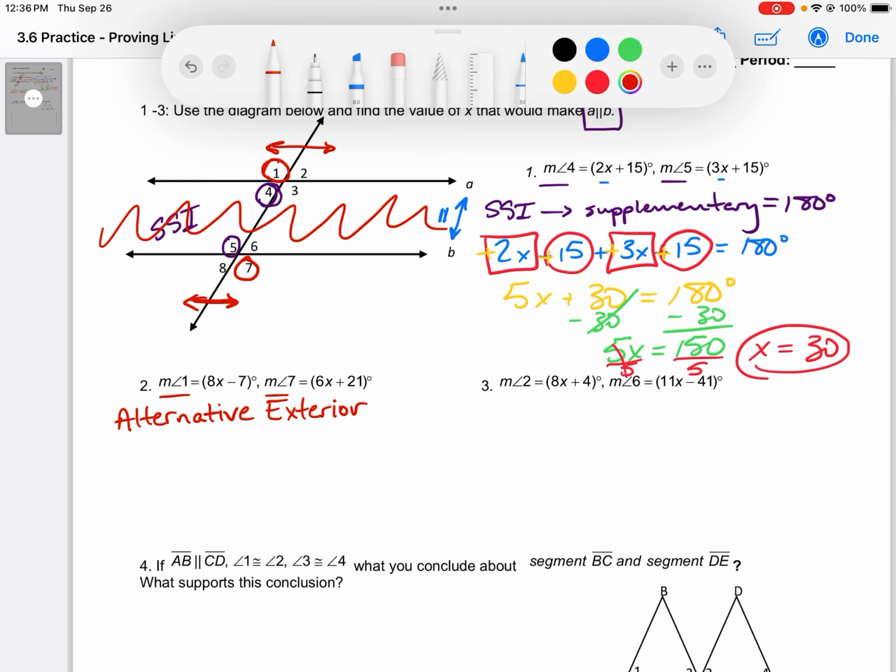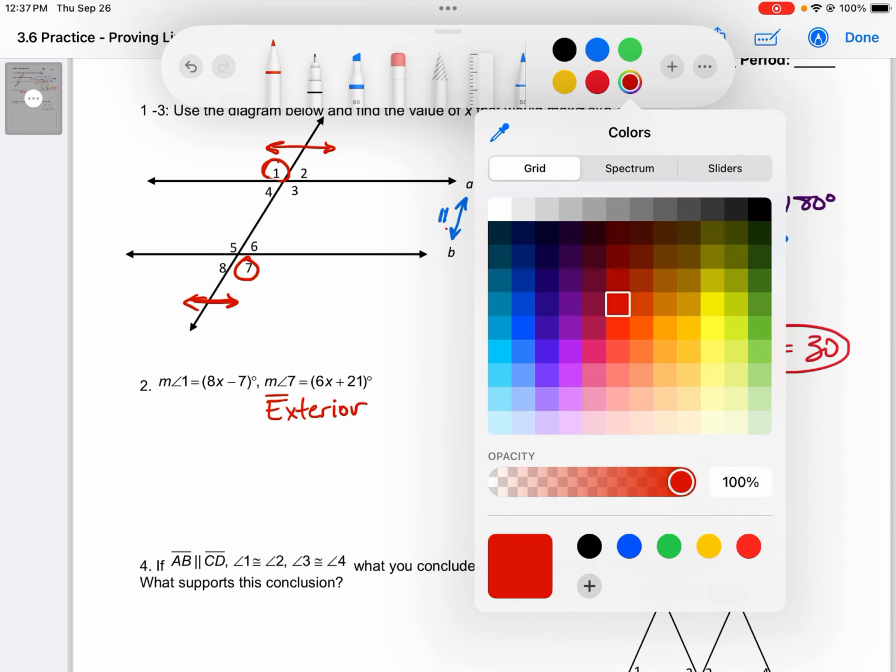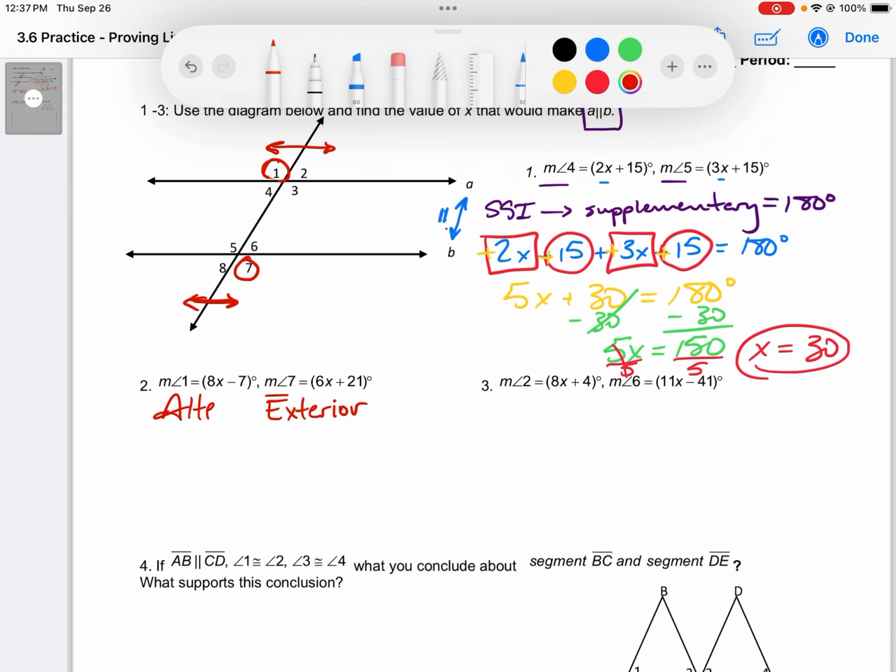So they're alternate exterior angles. When we're talking about alternate exterior angles, they are congruent, but they're only congruent if A and B are parallel.